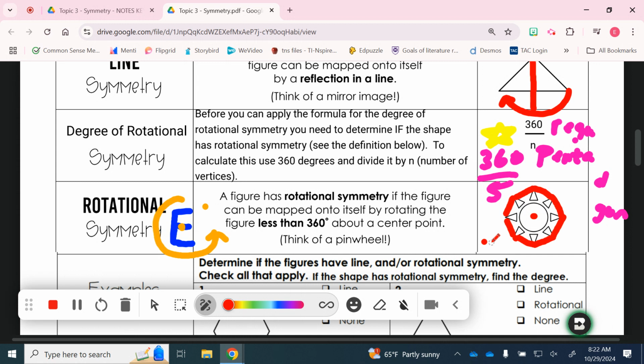Yeah. In this case, it would be 360 divided by 8 total vertices. Who can tell me what that's going to be? Bryn? 45 degrees. So that's what rotational symmetry is. There's a point in the center, and we're trying to see if it circles back onto itself at some point. Questions on that?